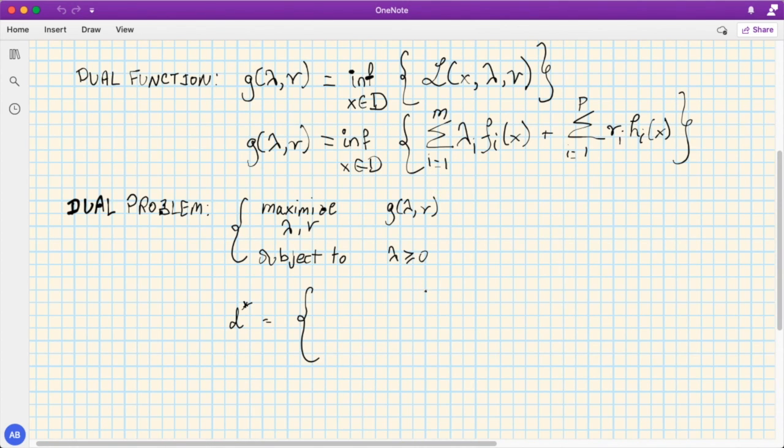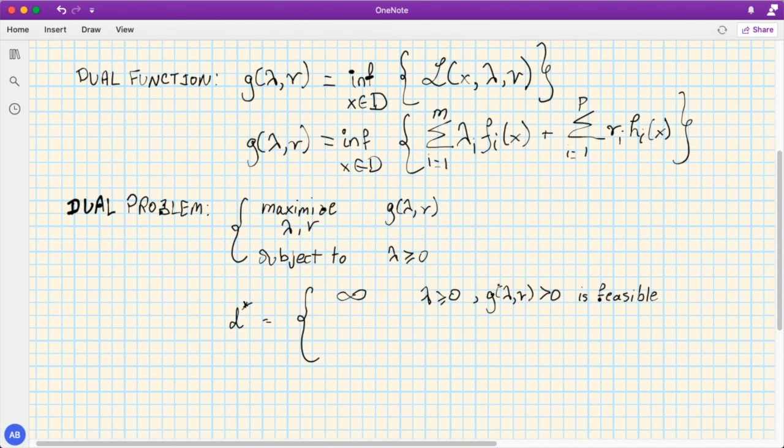if I can find lambdas that are positive, in other words, a feasible set in my dual problem, given that my g is positive, so if I can find such a pair, in other words, if this is feasible, then d star could blow up to infinity.